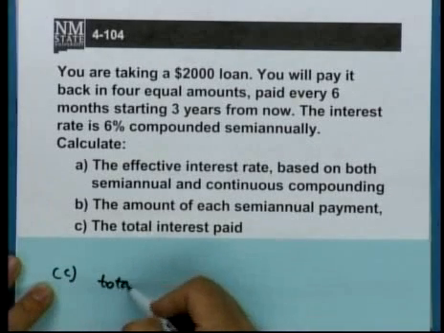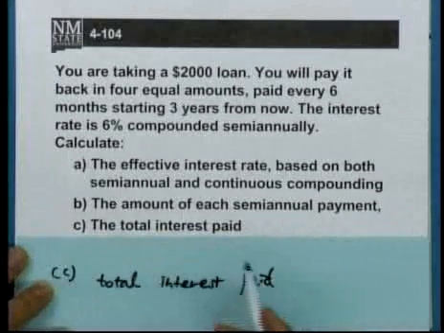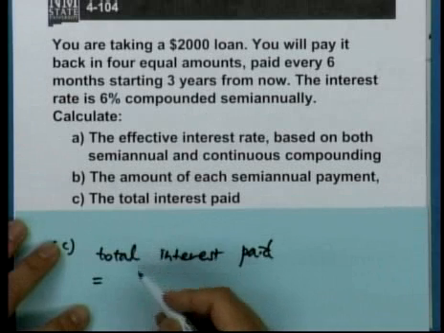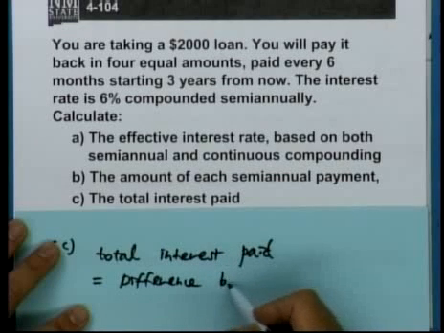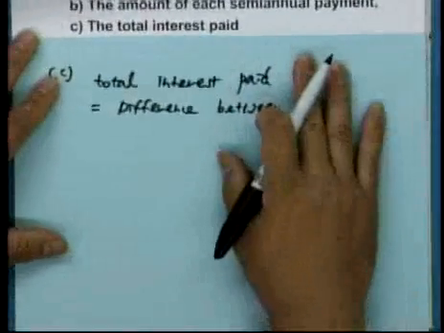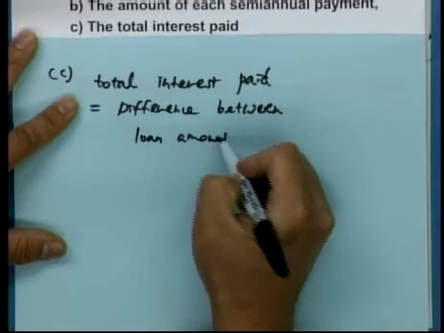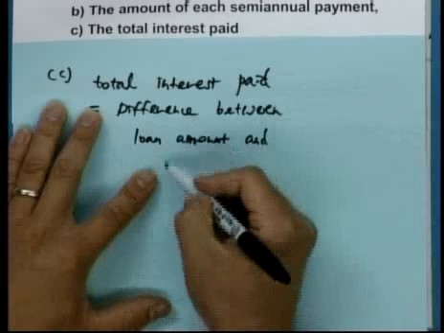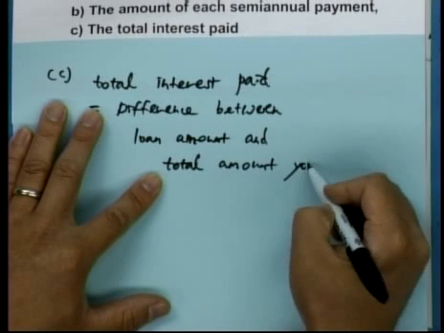So the total interest paid is the difference between the loan amount and the total amount you paid back.